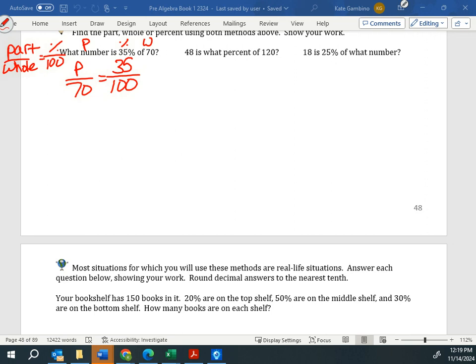And Beckett is absolutely right. If we don't know what to multiply up for, the opposite operation is dividing. So instead of multiplying up, we can divide down. So 100 divided by 70 would be what? What is 100 divided by 70, Luke?